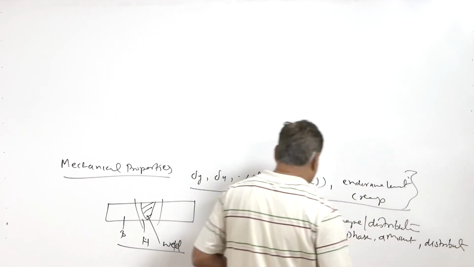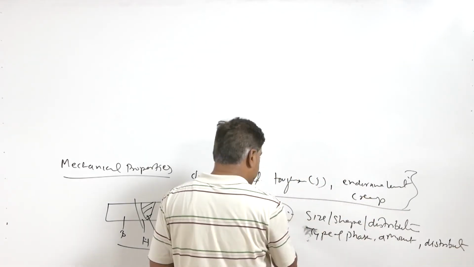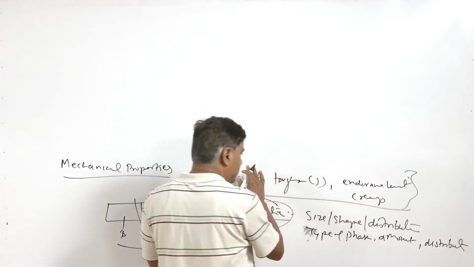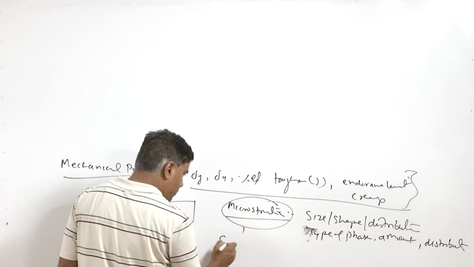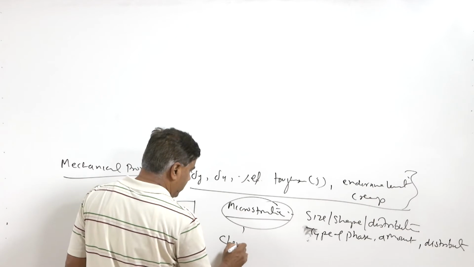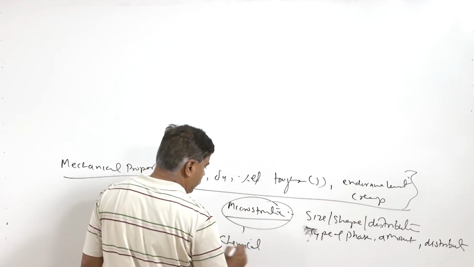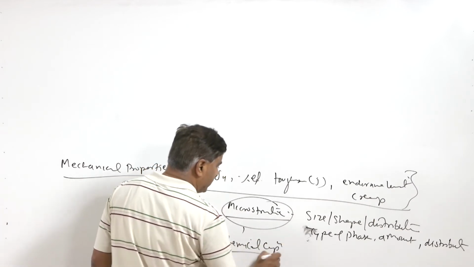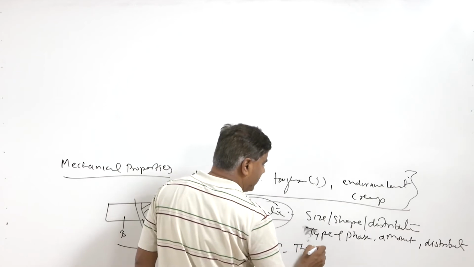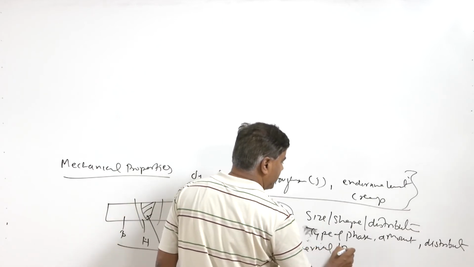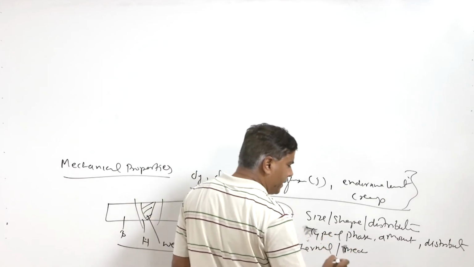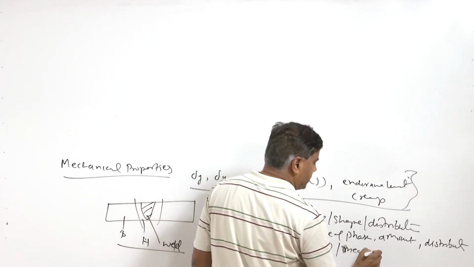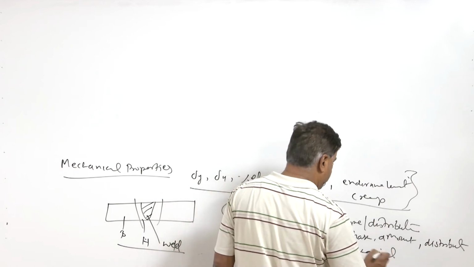These microstructural aspects govern the mechanical properties, and the microstructure itself is influenced by the chemical composition of the material and the thermal and mechanical history it has experienced, which is determined by the manufacturing processes used for making the component.